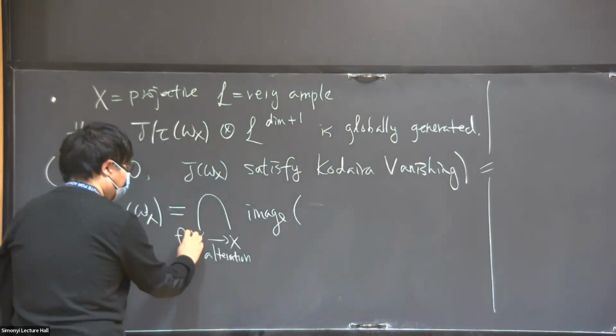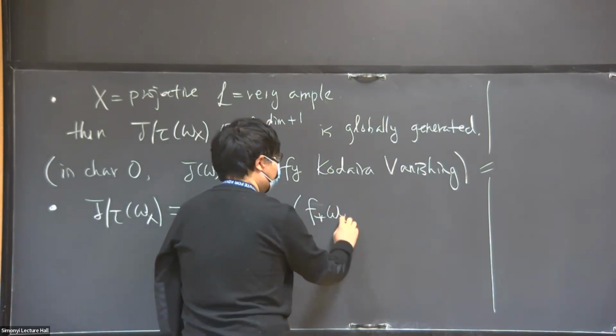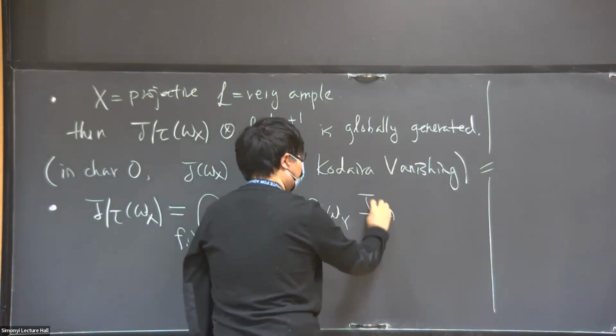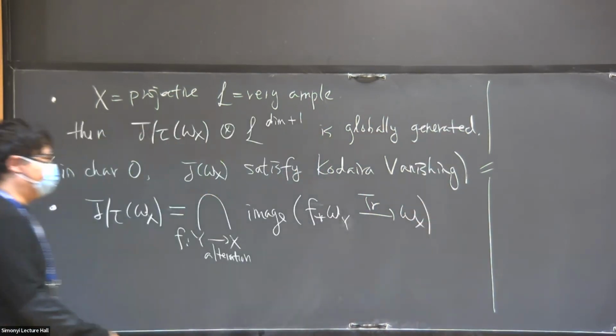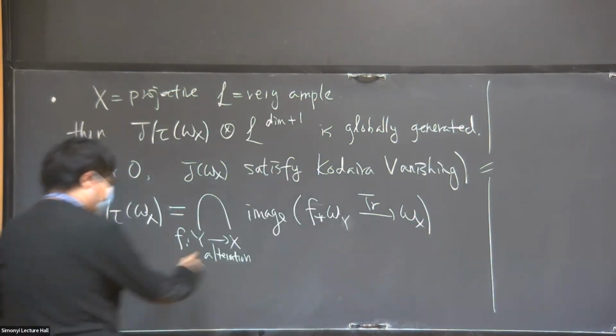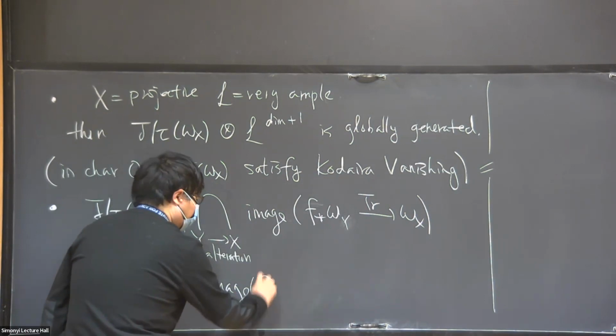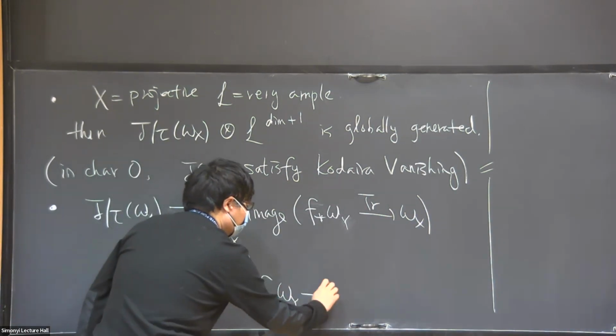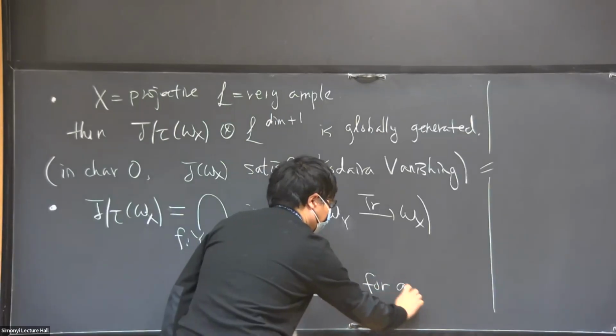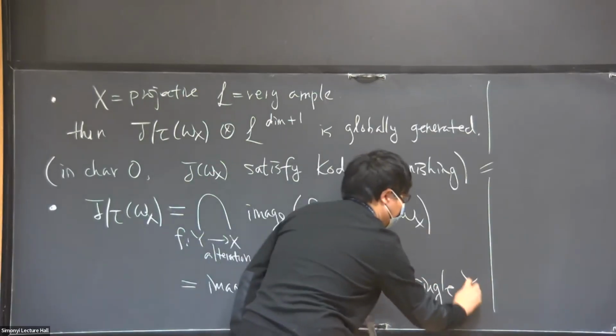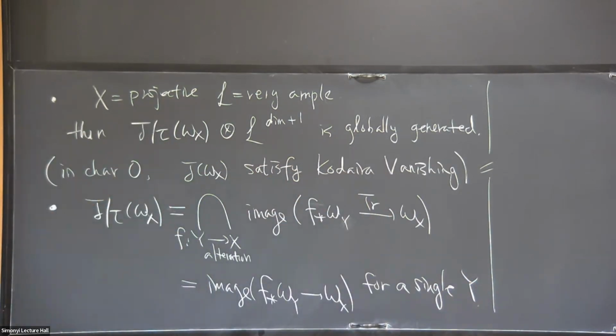Let me call this f. If you take this intersection, then you do get this one. And in fact, this intersection also stabilizes. This is also the image for any single Y, but Y has to be very, very large. I don't think we have control, but this is just, okay, and maybe I should say etc.